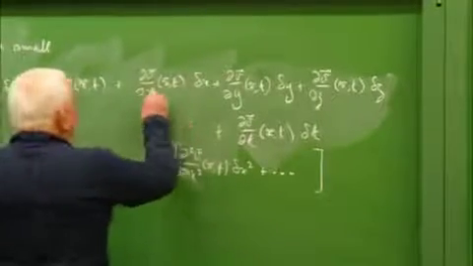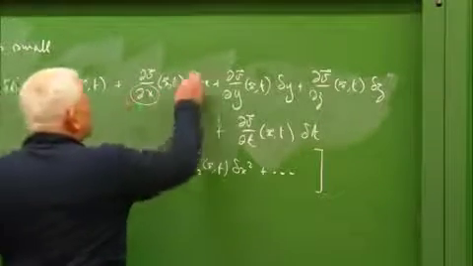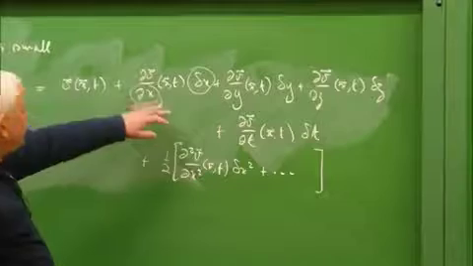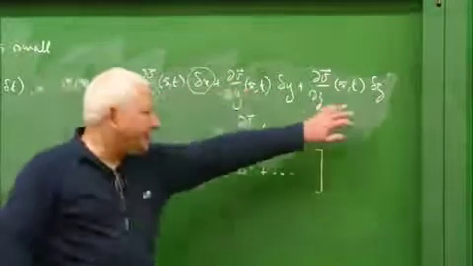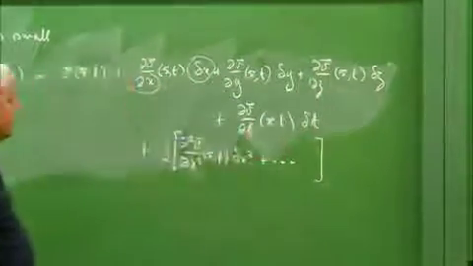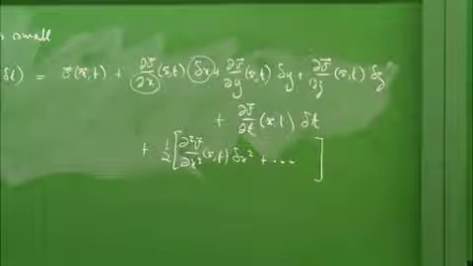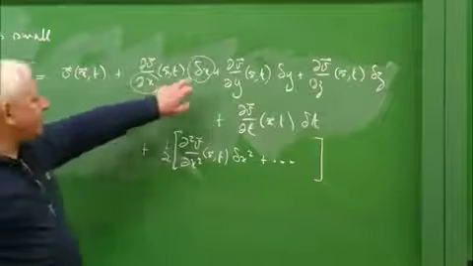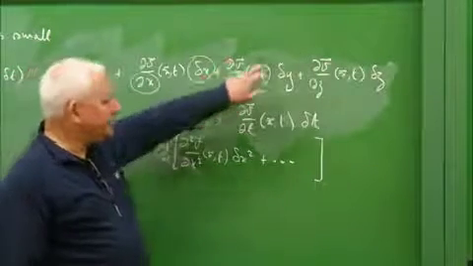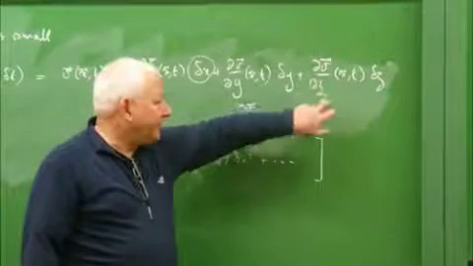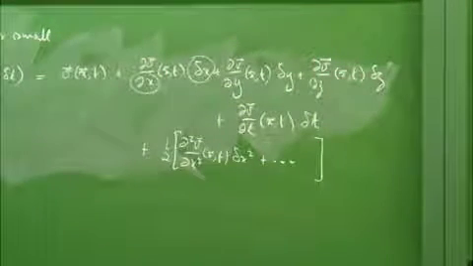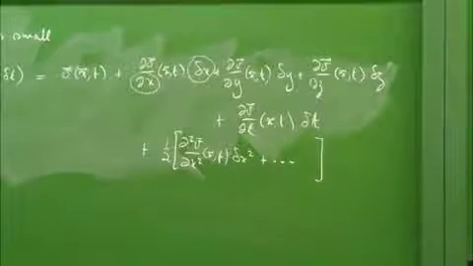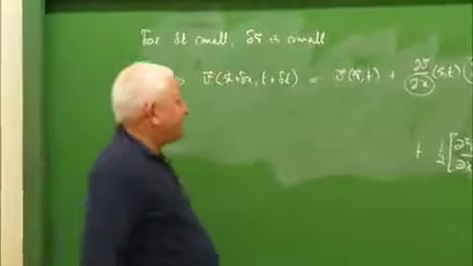You'll notice that this is a summation which involves, that is the terms 2, 3, 4, and 5, d by dx1 delta x1, d by dx2 delta x2, d by dx3 delta x3. And so I can use the Einstein summation convention in order to express these.